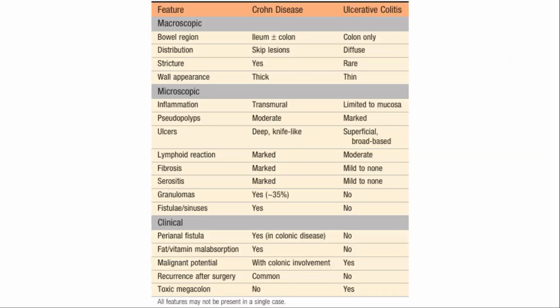Okay, so Crohn's disease and ulcerative colitis. Again, we can differentiate them based on the clinical presentation, the endoscopic findings, and also the microscopic findings. Clinically, Crohn's disease can have extracolonic manifestations also, and they can affect the whole length of the GI tract, as compared to ulcerative colitis, which is usually more localized, starting from the rectum.